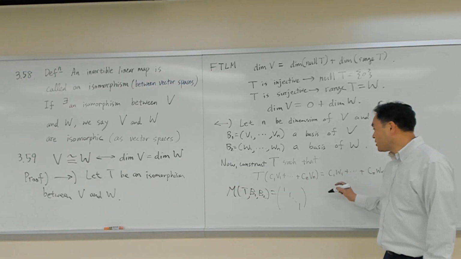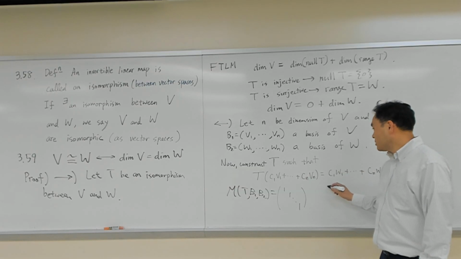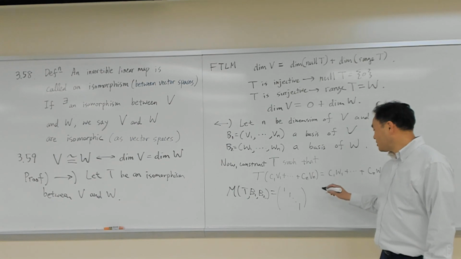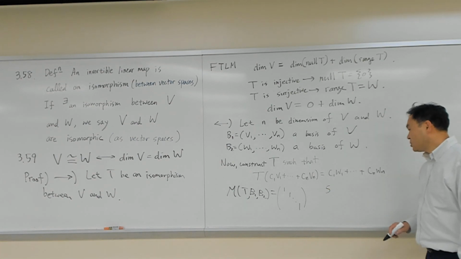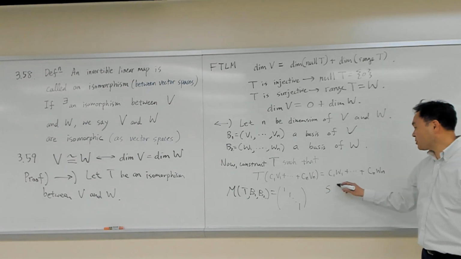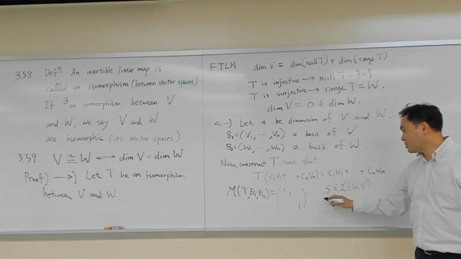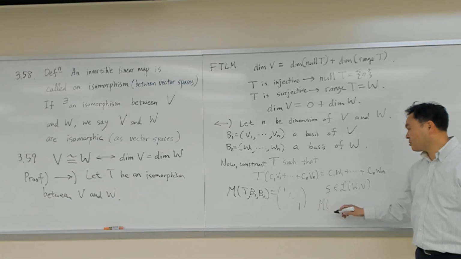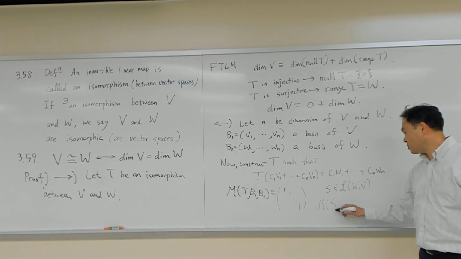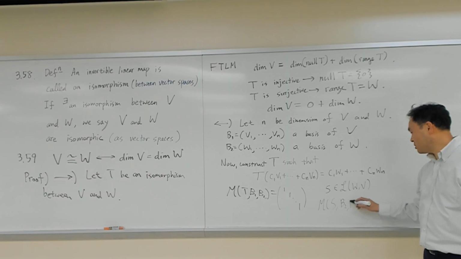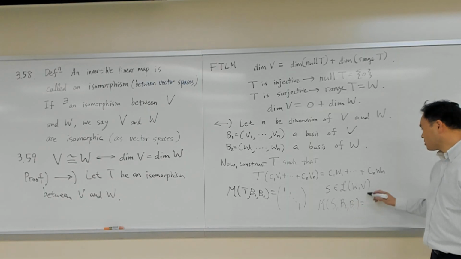So now you just say, let S be a linear map from W to V, so that matrix of S, B2 to B1, is just a diagonal.